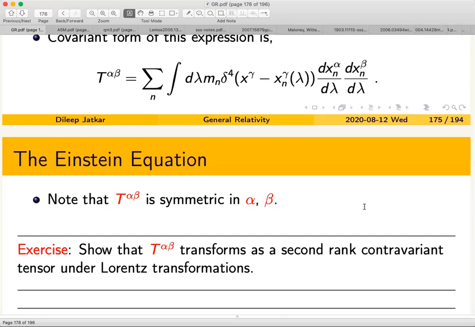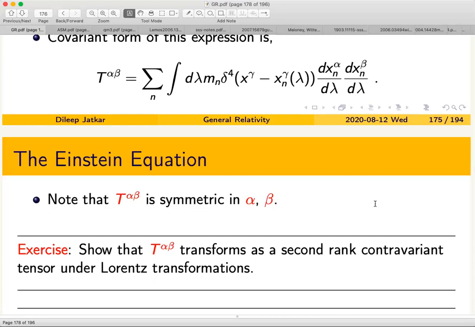Otherwise, what one needs to do in quantum field theory is to write down what is called an improved energy momentum tensor, or what is called a Belinfante tensor, which is related to the original tensor by a total derivative term. The original tensor derived from the Lagrangian plus a total derivative term is of course conserved, like the original tensor is conserved, but that is a symmetric object.